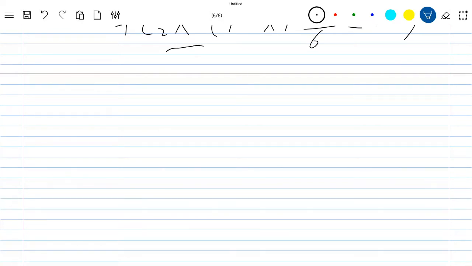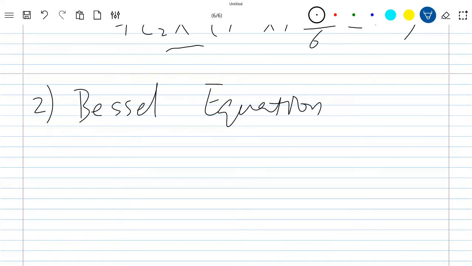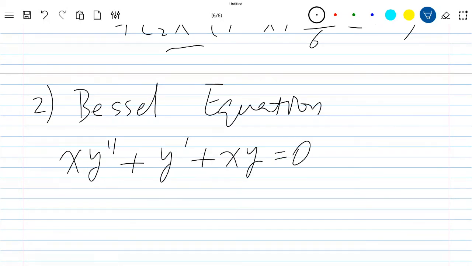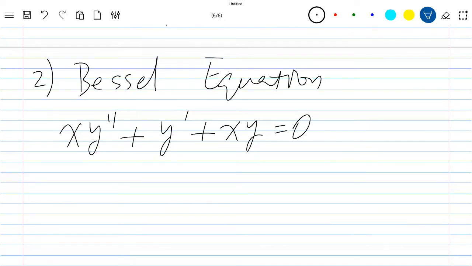Okay, let's see example 2. It's called a Bessel equation: xy double prime plus y prime plus xy equals 0. Is 0 a regular singular point?